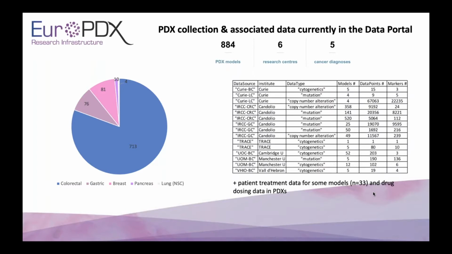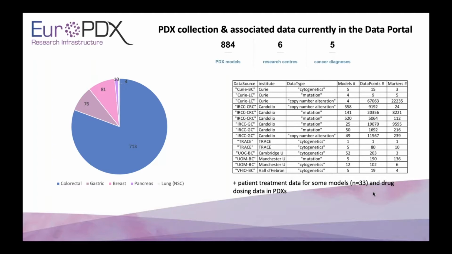Those models are associated, in addition to metadata, with a certain number of additional characterization data. Cytogenetics are mostly immunohistochemistry, like for breast cancer models at the Institut Curie in Paris, where 3 markers include ER, PR, and HER2.